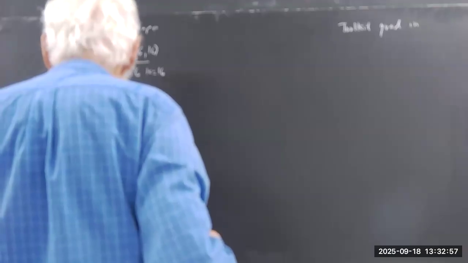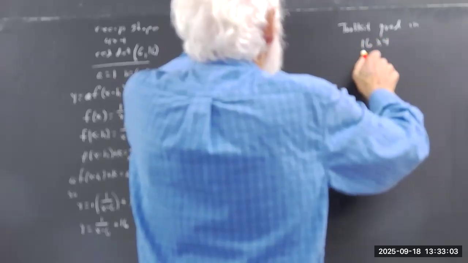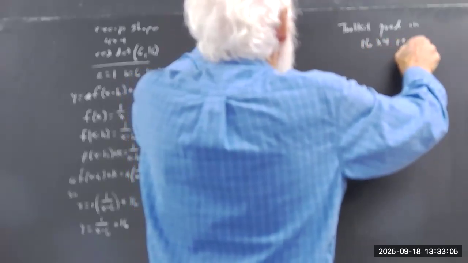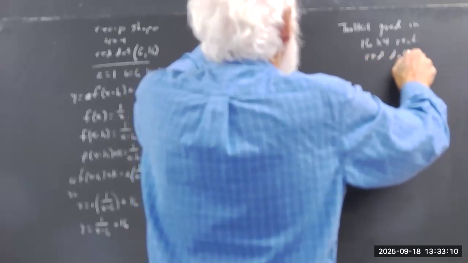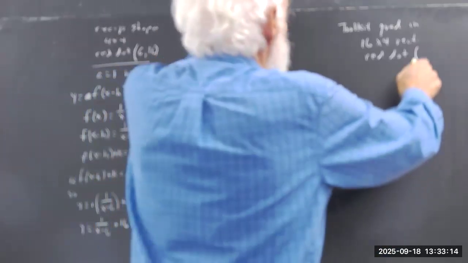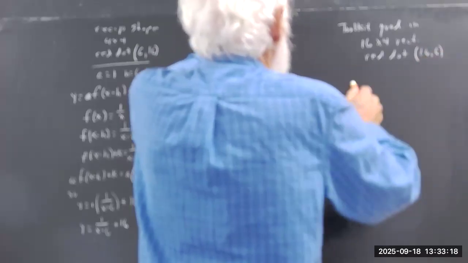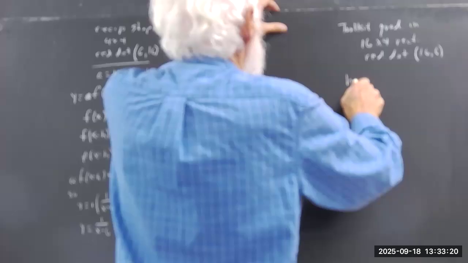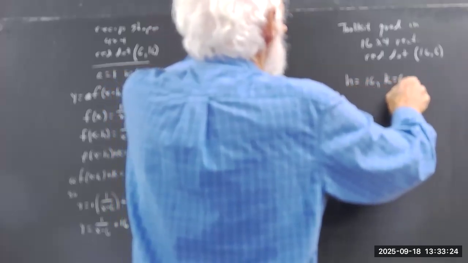Okay, it's 16 by 4. Red dot at 16, 6, I think. Okay, well, h equals 16, k equals 6.